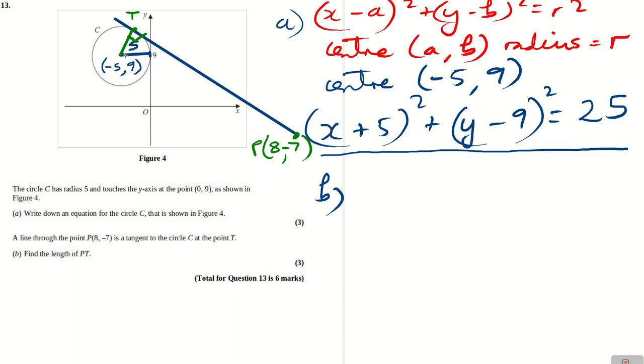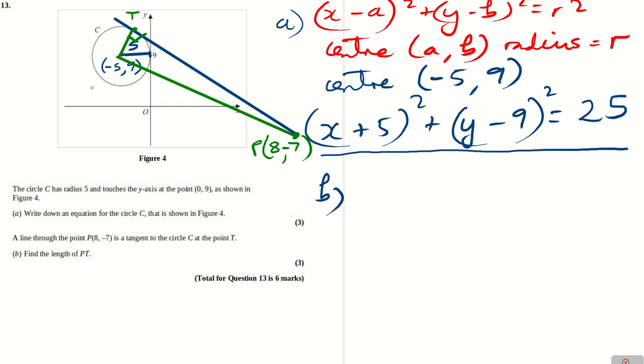If I just draw the other line, which is going to be this line here, it's a right angle triangle. The hypotenuse is going to be this line from the centre to the point (8, -7).